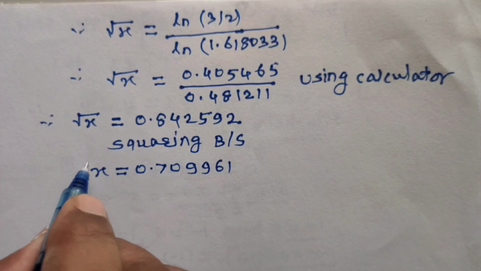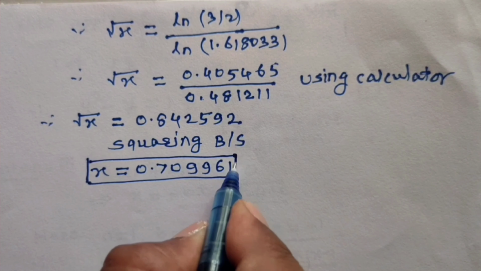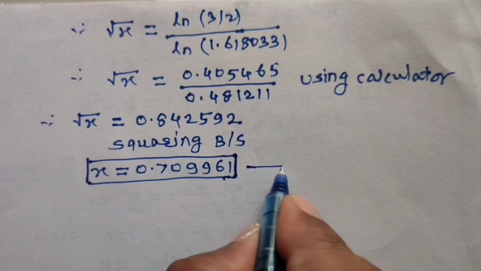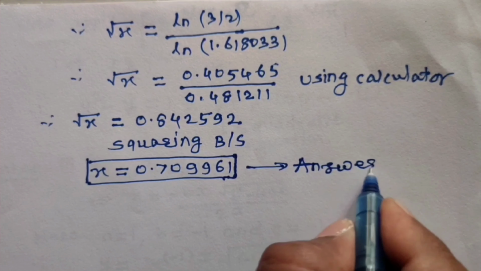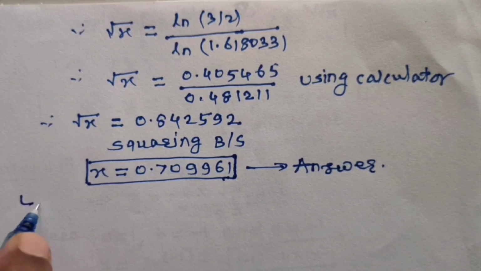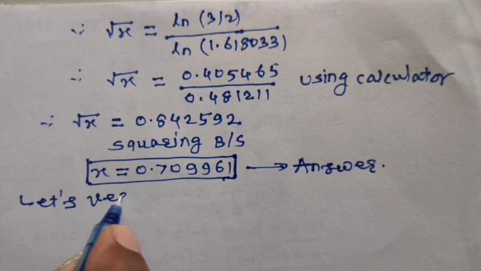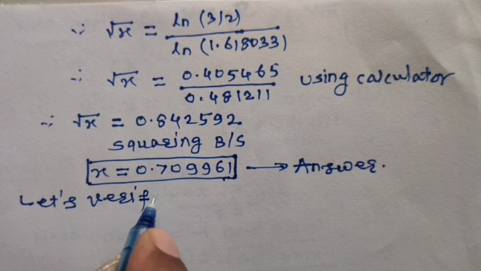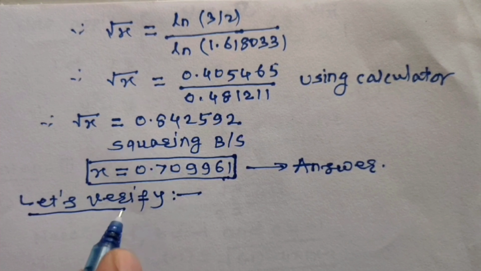Now squaring both sides, the value of x is obtained. Square root of x squared is x, which is equal to the square of 0.842592. Hence x is equal to 0.709961 is the answer.